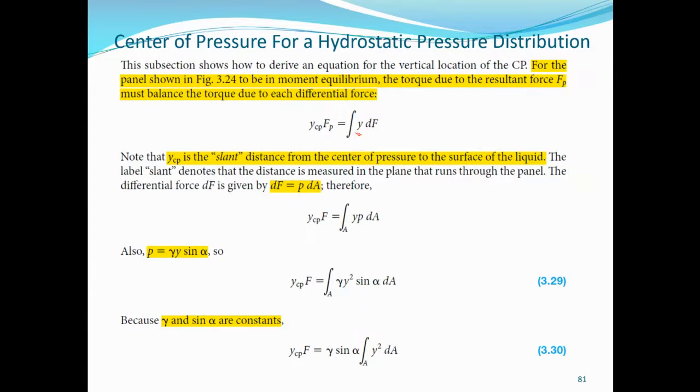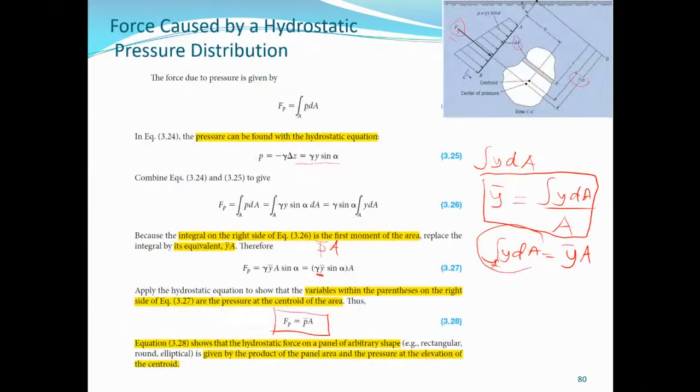Y is the arbitrary distance for any small element, and dF is the small pressure force acting on that element dA. So when we add the moments about O, they should be the same.